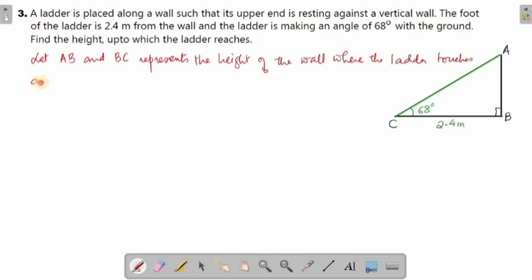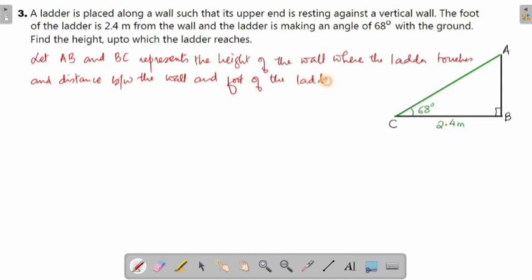And what does BC represent? BC represents the distance between the wall and the foot of the ladder.